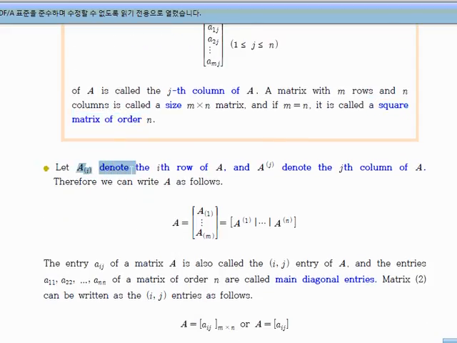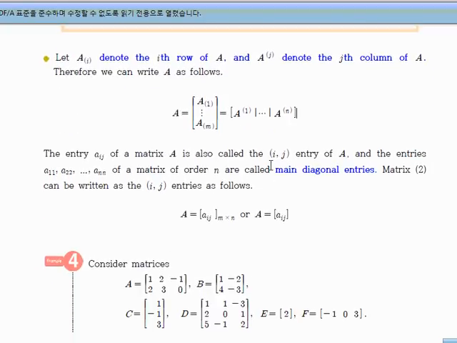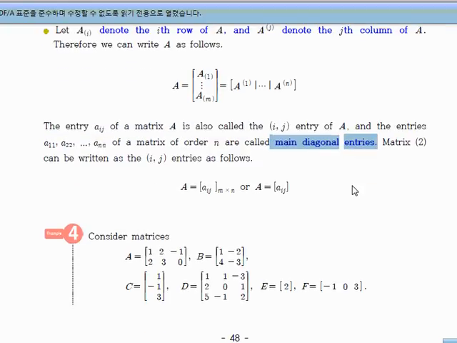And this denotes the ith row of A, and this denotes the jth column of A. Therefore, A can be written as a set of columns or a set of rows like this. We can simply describe the matrix in this form. The entry ij of a matrix A is called the ijth entry of A, and the entries A11, A22, up to Ann of a matrix of order n are called the main diagonal entries.